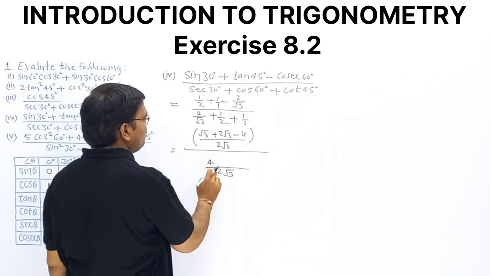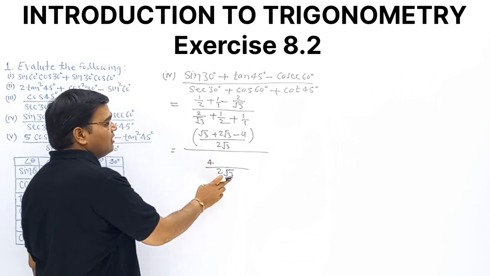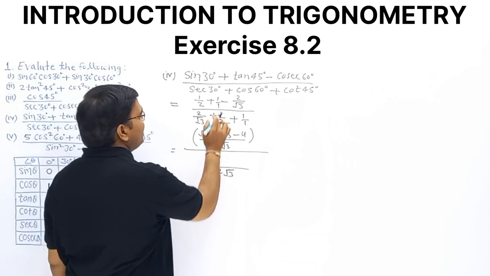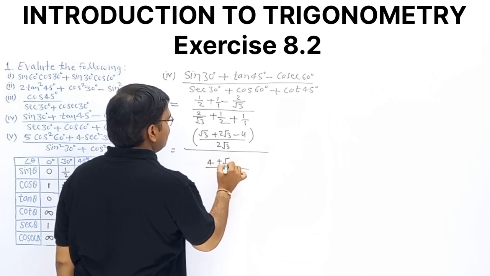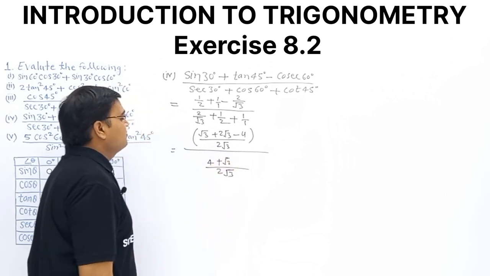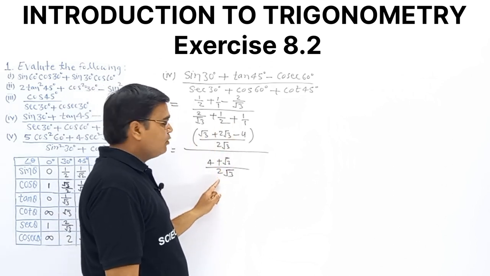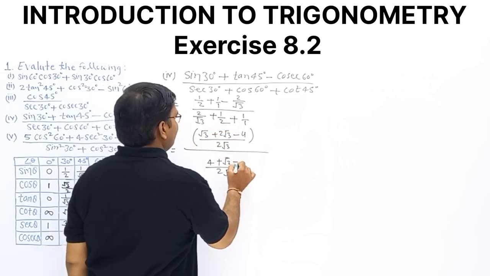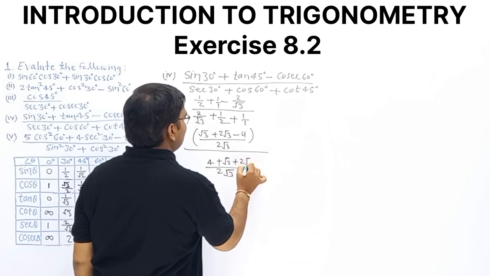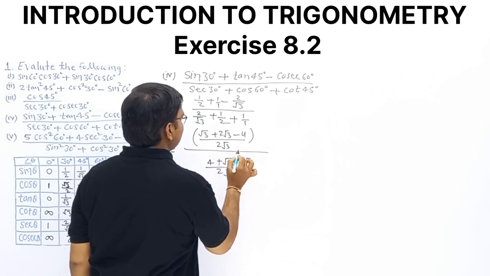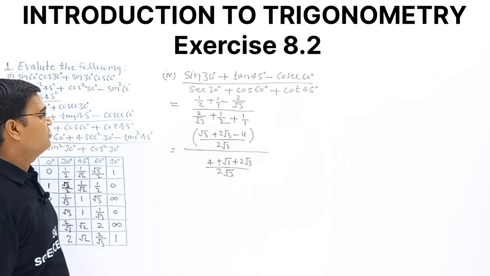This divided by 2, then 2 cancels and square root 3 is remaining. This will be multiplied by 1 plus square root of 3. Yes or no? Last one. This divided by 1, this time multiplied by the numerator, plus 2 square root of 3.